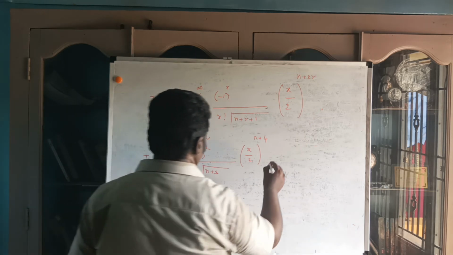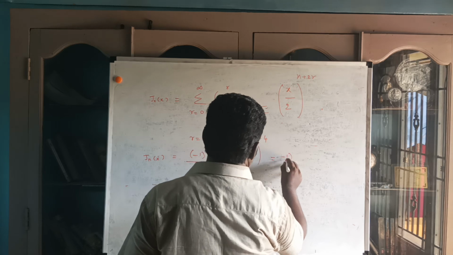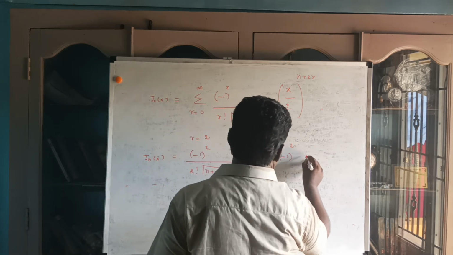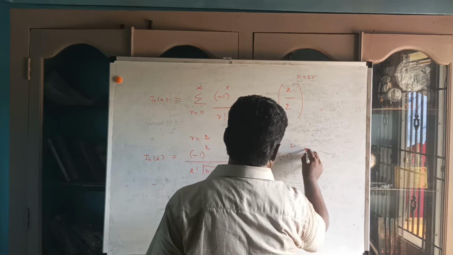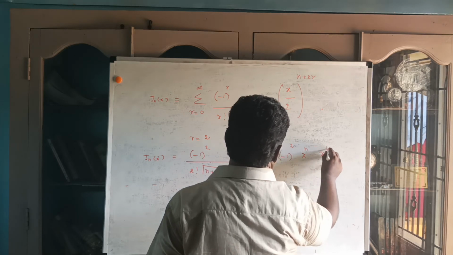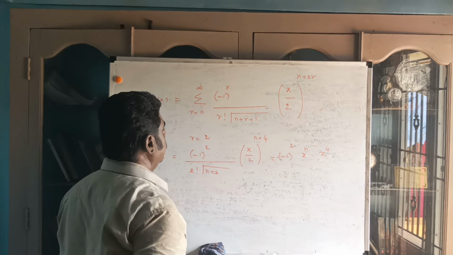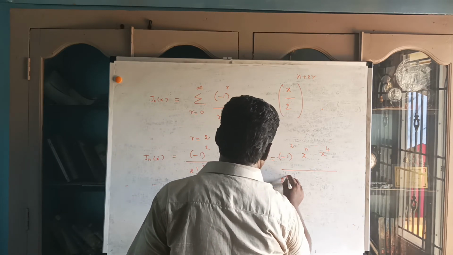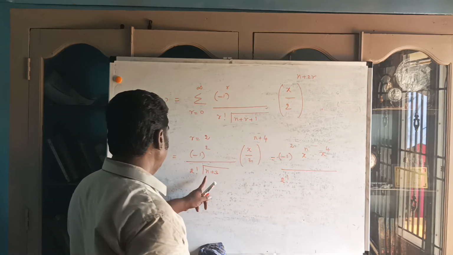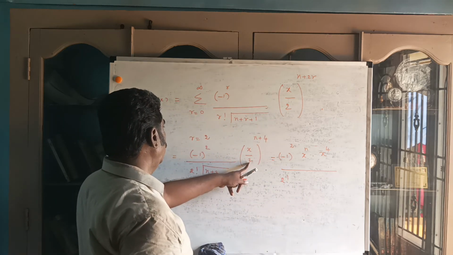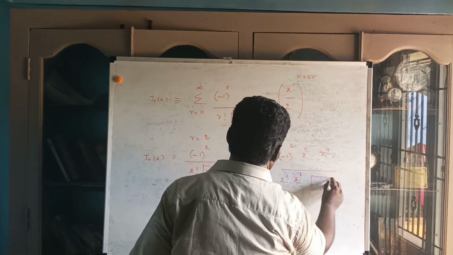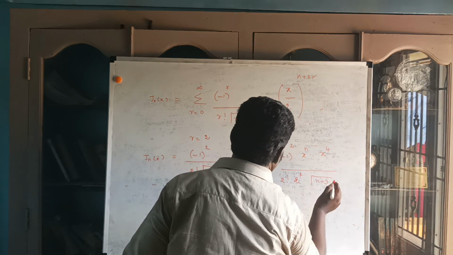Now this is modified as minus 1 square, then x power n into x power 4, which is the meaning of x power n plus 4, whole divided by 2 factorial into 2 power 4 into gamma of n plus 3.